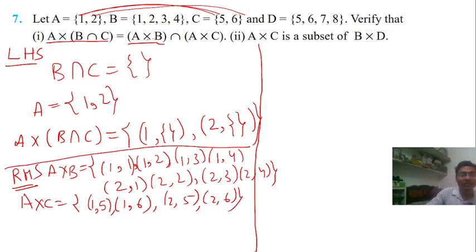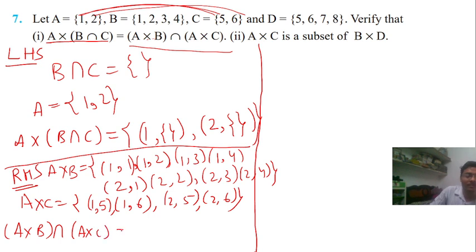And now we will have to validate the right hand side of the desired result, that is A cross B will have to take intersection with A cross C. Intersection means how many terms in these expressions are the same. You can see nothing.